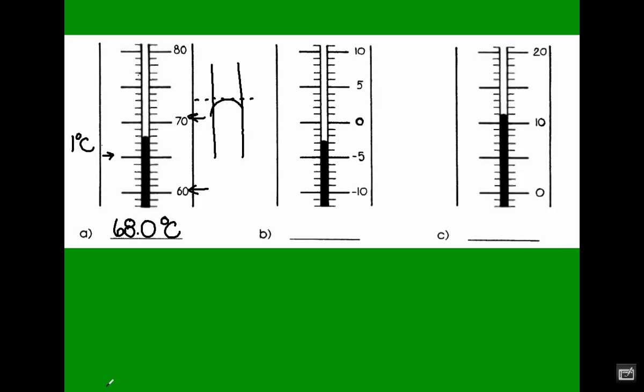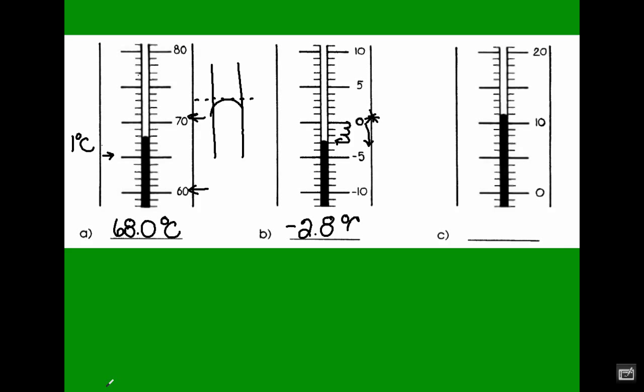Now letter B is a little bit tricky because since this is a Celsius thermometer, we can go into negative temperatures. When you're dealing with negative temperatures, you have to start at 0 and work down. So in this case, I've gone past -1, I've gone past -2, but I haven't quite reached -3 yet. So I know I've reached -2, and since I'm close to -3, I'm going to show that with my guess, 0.8.